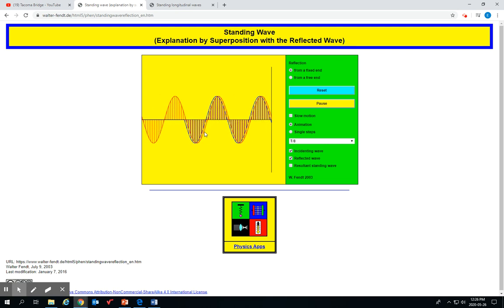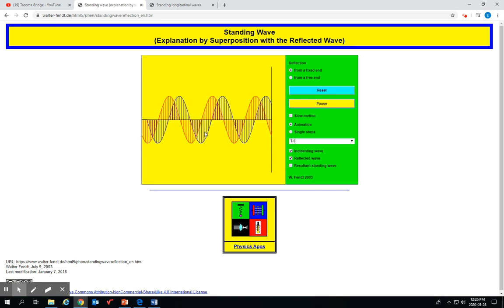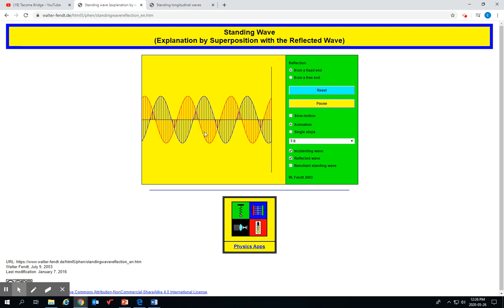That's the condition necessary to produce a standing wave: two waves moving in opposite directions with the same wavelength and same amplitude. And their interference will lead to a standing wave.